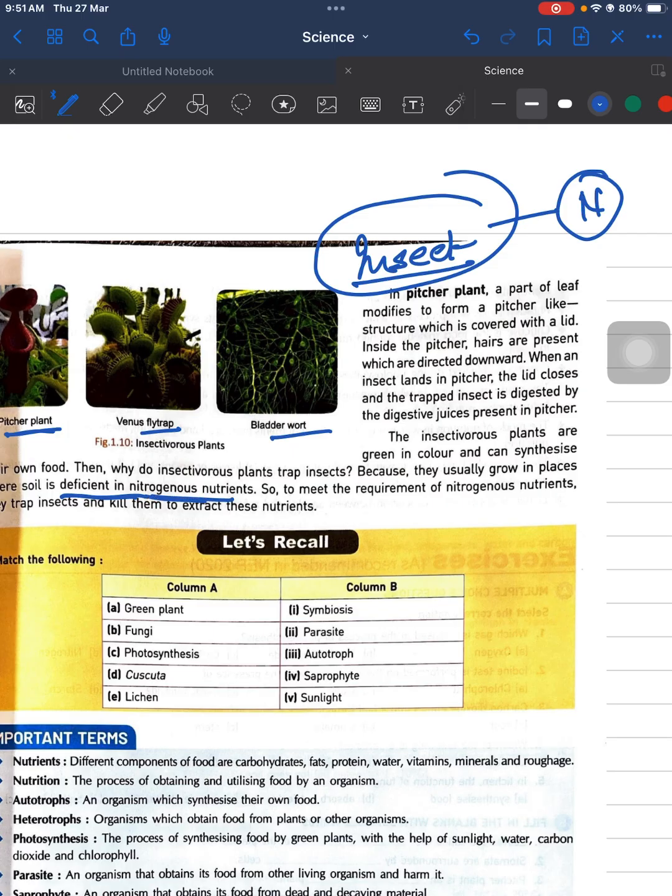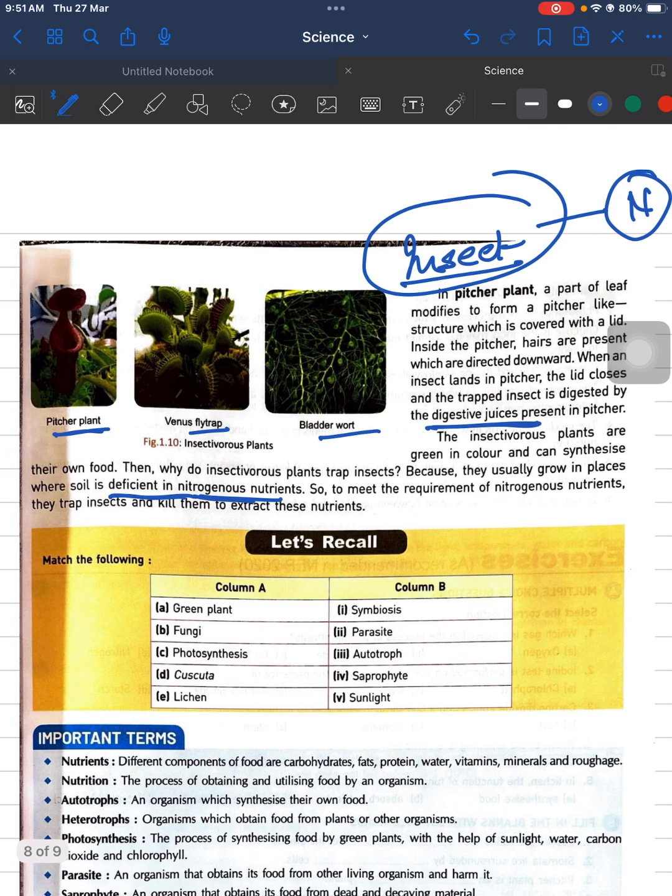To fulfill their nitrogenous nutrient requirement, they capture the insects, digest them with the help of digestive juices, and then the nitrogenous nutrient is provided by the insects to these plants. So these are the three examples: pitcher plant, Venus flytrap and bladderwort.